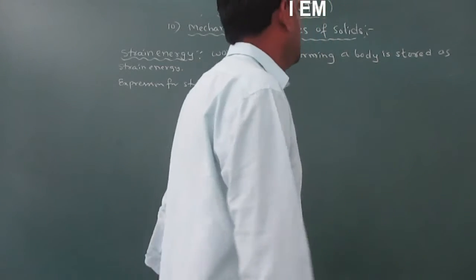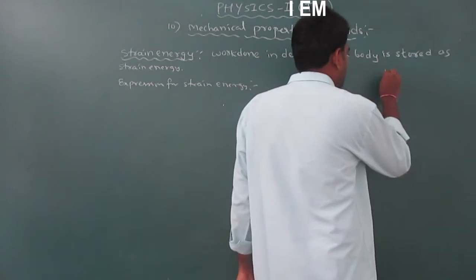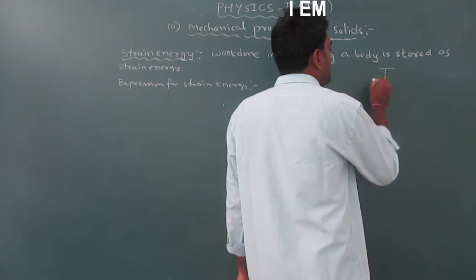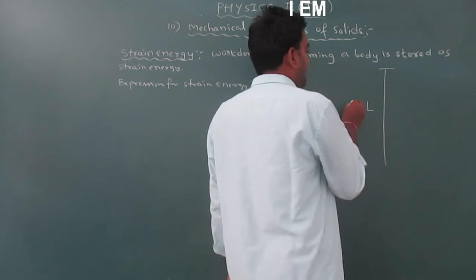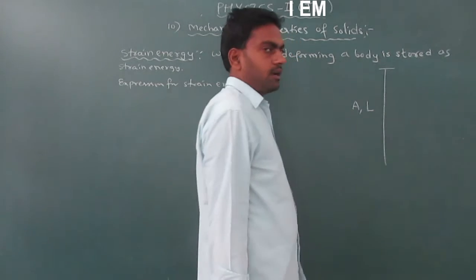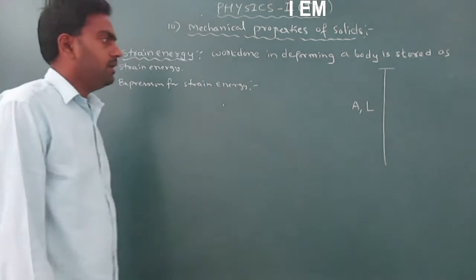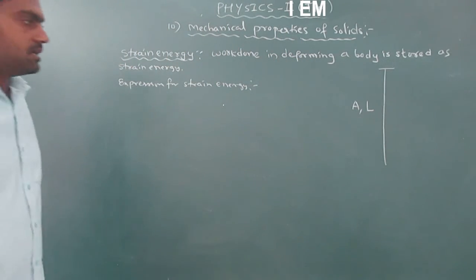Now we consider a wire. L is the length of the wire, and A is the area of cross section.